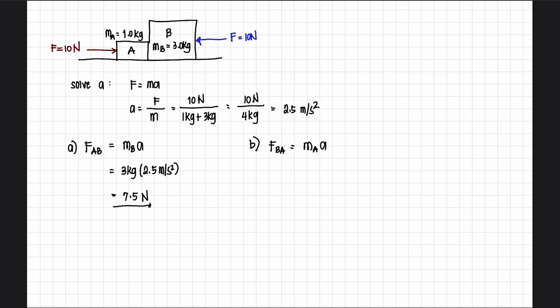Even if the force is now in B, the acceleration would still be the same because the total mass is still the same. It's just in the opposite direction. So the mass of A is 1 kilogram and the acceleration is 2.5 meters per second squared. So the force exerted by B on A is 2.5 newtons.